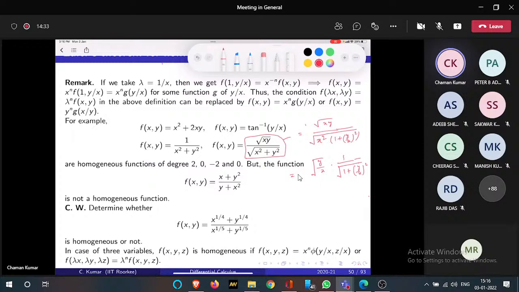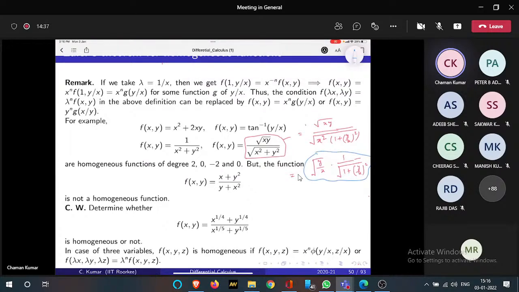So I can take this as a function of y by x, g1(y by x), and the power of x is 0. So from here we get n is equal to 0, which means this is a homogeneous function of degree 0.